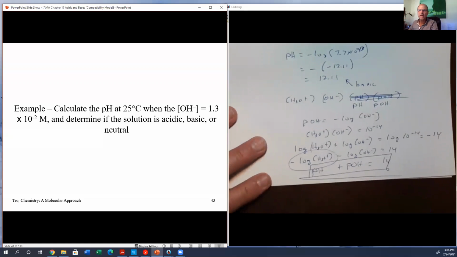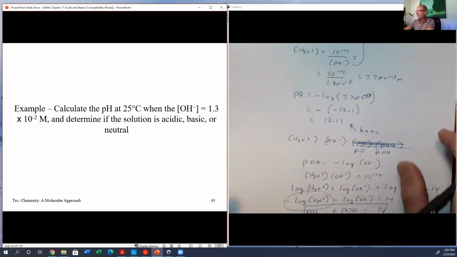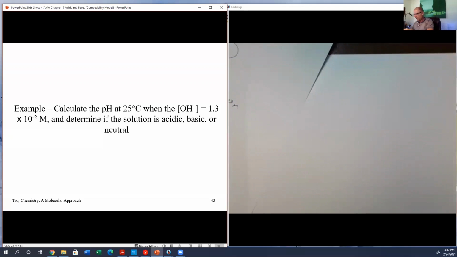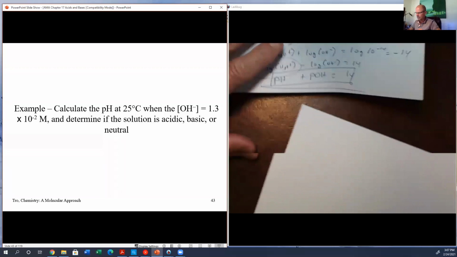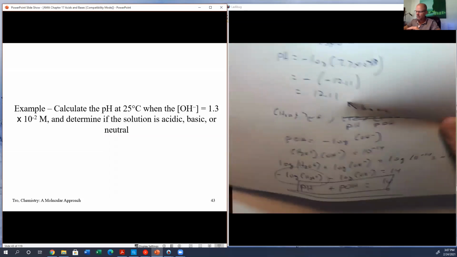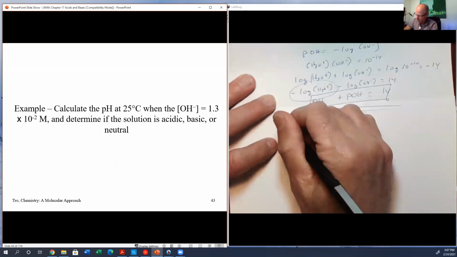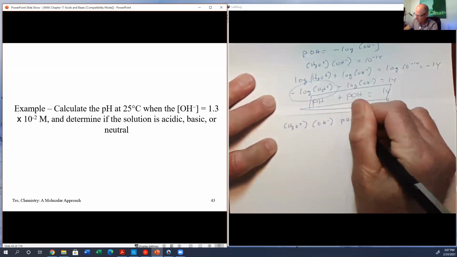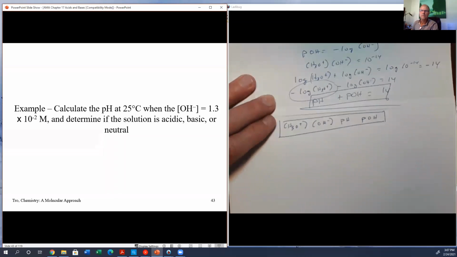Okay, so the bottom line is this. If you know any one of these four quantities, you know them all, right?